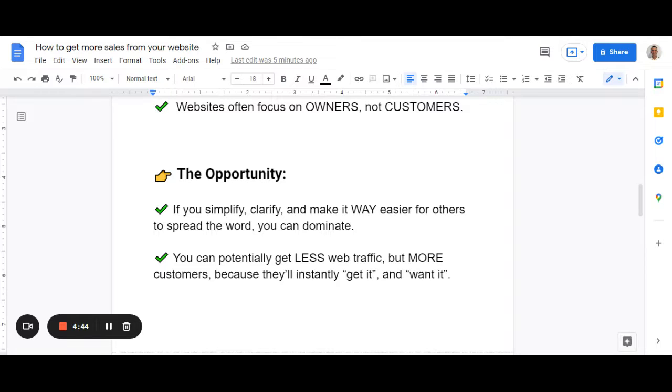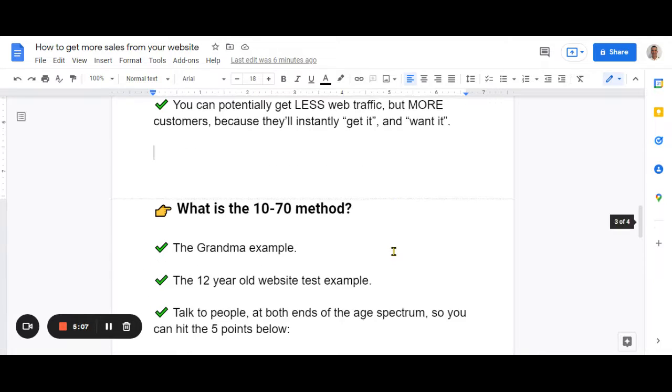So therefore, we want the right people to find it and then navigate it and then do the right thing and get in touch with their business. I think you would agree with that. So sometimes we forget that fundamental question. What is the purpose of our website? Why is it even there? Okay, so think about that. We want the right people to find it and do the right thing.